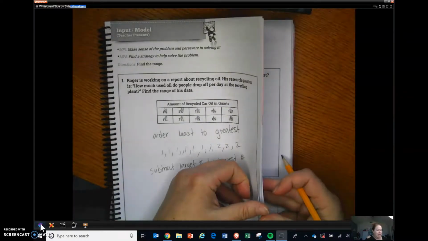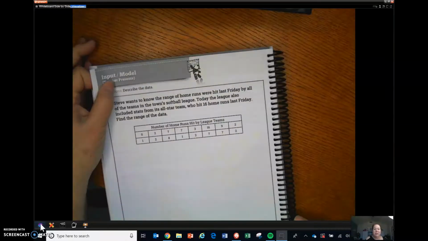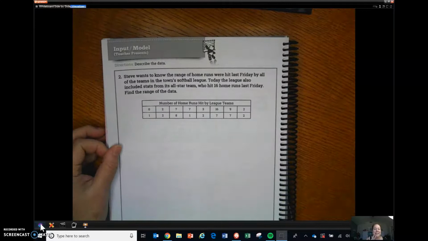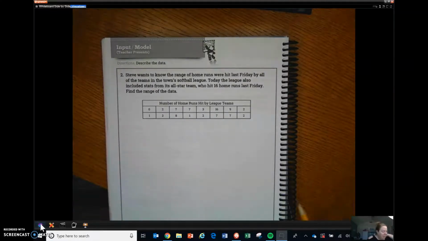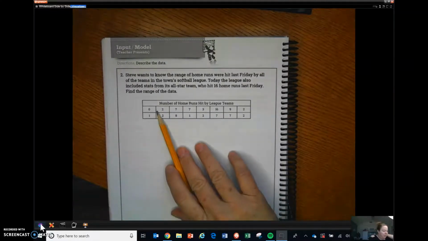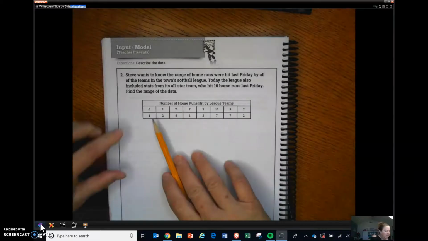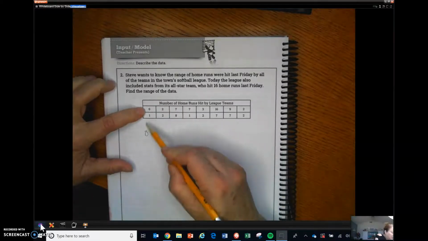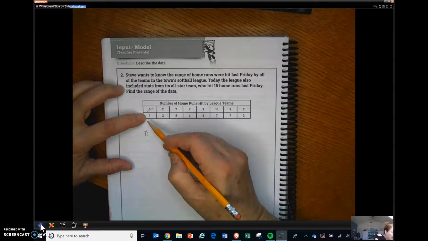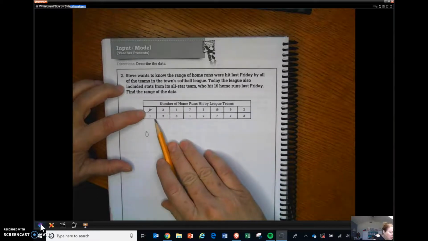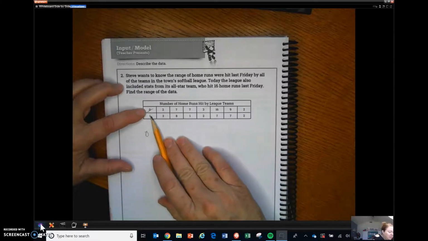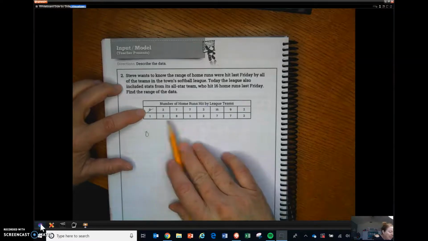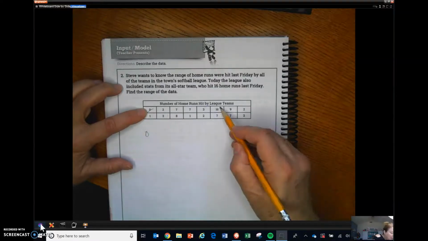As long as you can remember the steps or look back in your notes for the steps, statistics is easy. Okay, same thing here. We're going to find the range of the data. So our smallest number is a 0. Do I have any more zeros? And then I have a 1. Actually, all you have to do is find the smallest and the biggest number. This is the biggest.